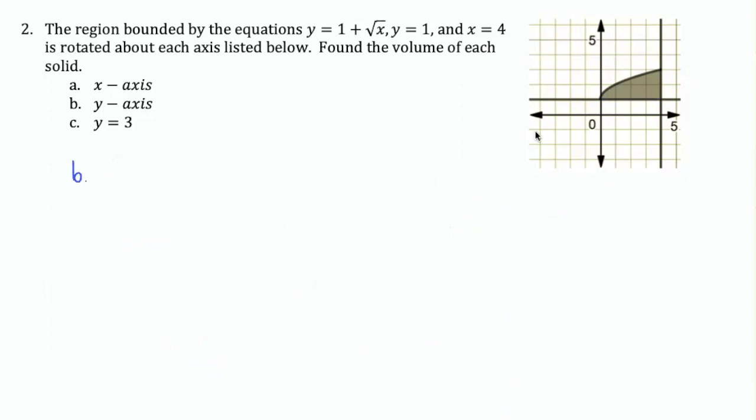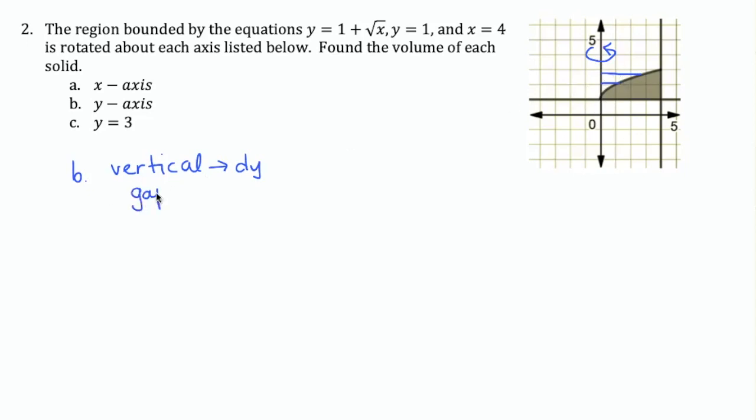Now for part B. If my axis of revolution is the y-axis, that's vertical. So if it's vertical, I need a dy integral. Will there be gaps? So if I look at that axis and head to the shaded region, you can see there is a gap between axis of revolution and the shaded area.